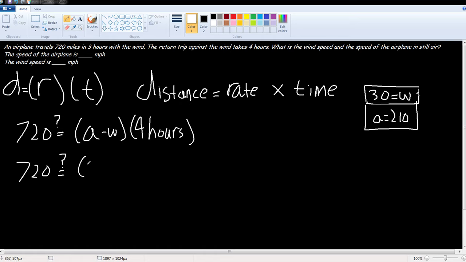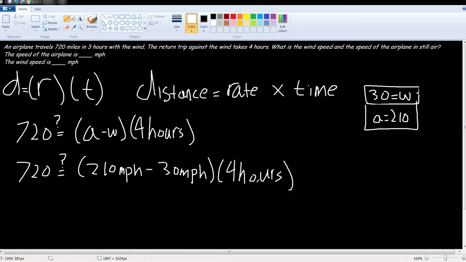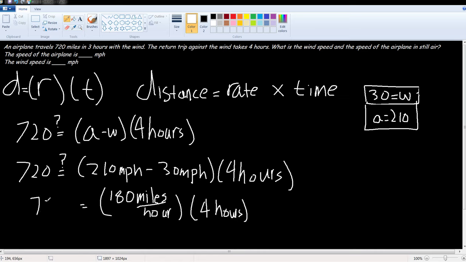So we'll have 210 mph minus 30 mph times 4 hours. This just becomes 180 miles per hour, times 4 hours is equal to 720.